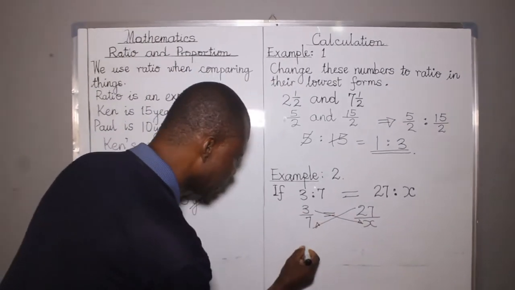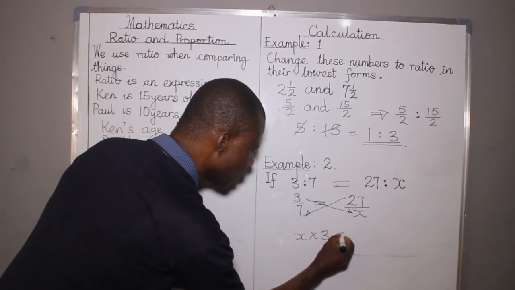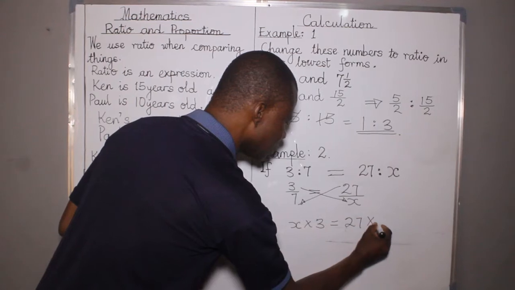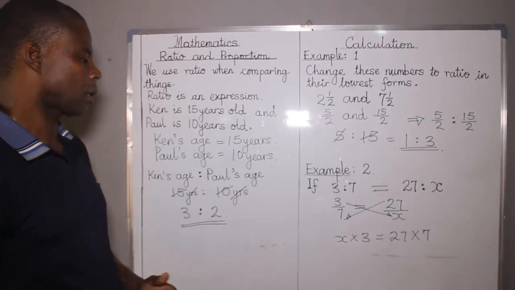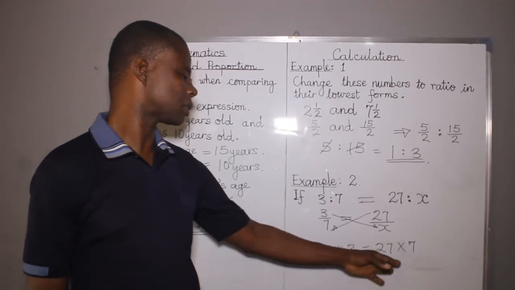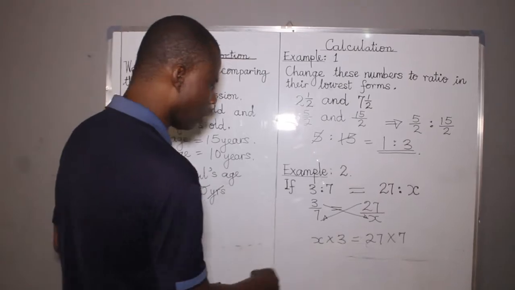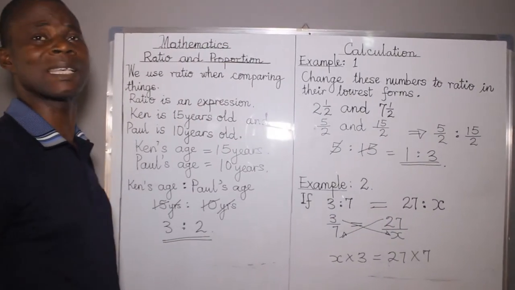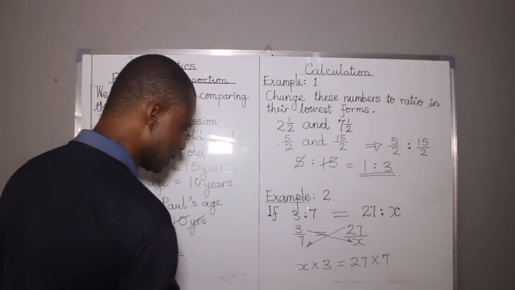So we can say x times 3 equals 27 times 7. Whether 3 is in front or x in front, 7 is in front, 27 is in front, you get the same answer. Now, likewise, if 7 is up, 3 is down, x is up, 27 is down, you still get the same answer. So make sure you follow the right order, please.